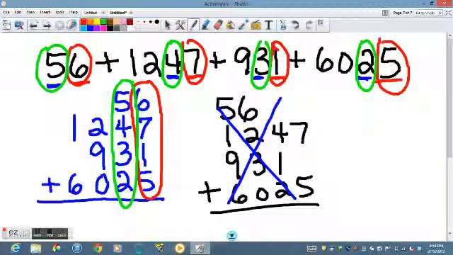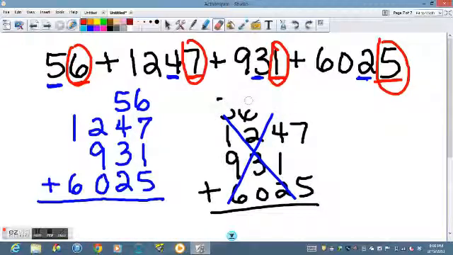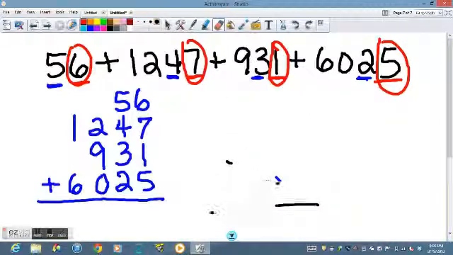And then I can add those numbers together. Okay? So let's go ahead and try to add these. Alright, how do we add these numbers together?